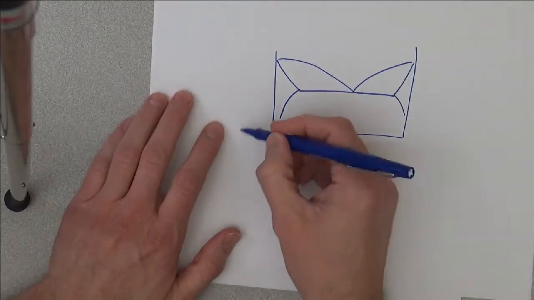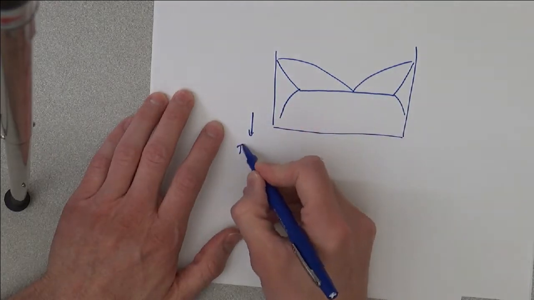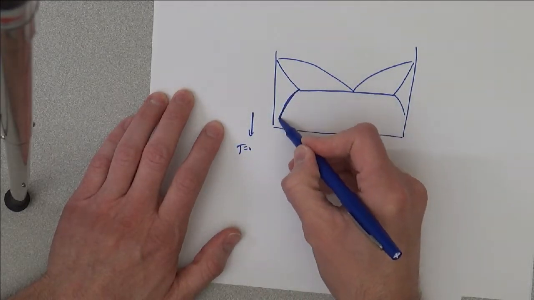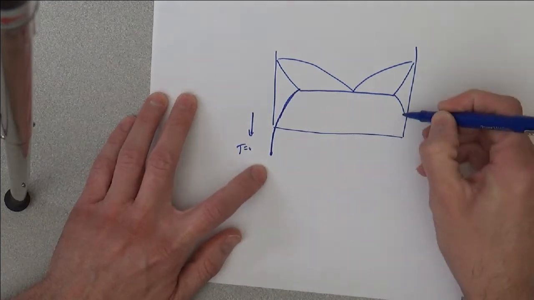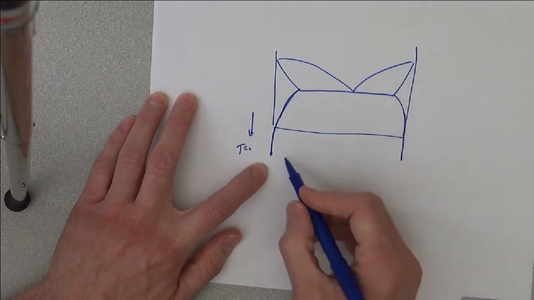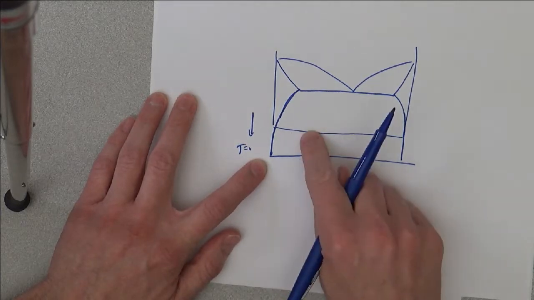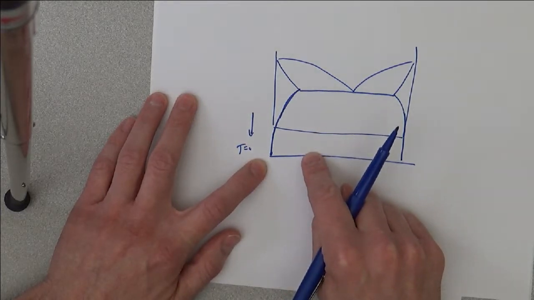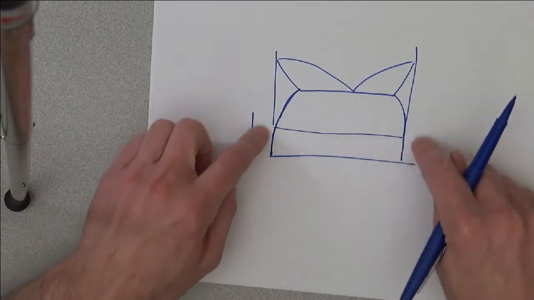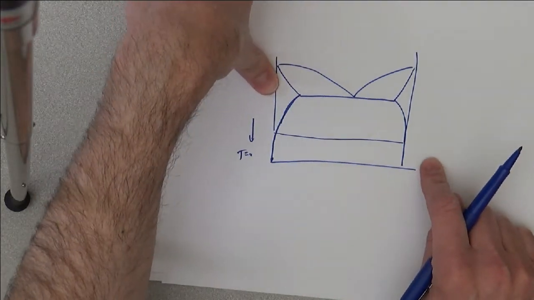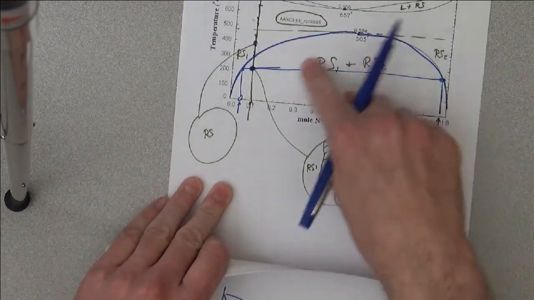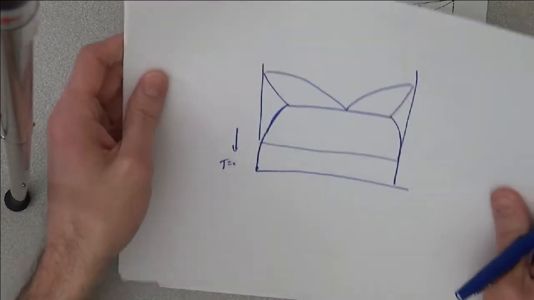Well, what's going to happen is as you go to T equals 0, this is going to go to here, and this is going to go to here. So essentially, most phase diagrams don't go all the way to 0 Kelvin. In fact, if you look at the units, they always stop short, and that's because at low temperatures you wind up with these type of spinodal decompositions.